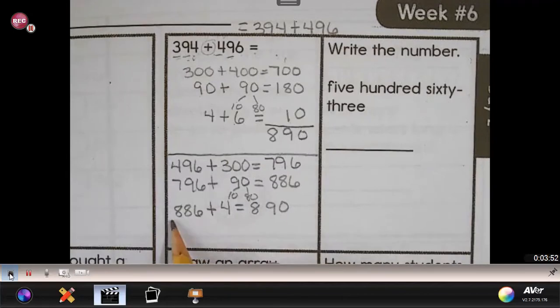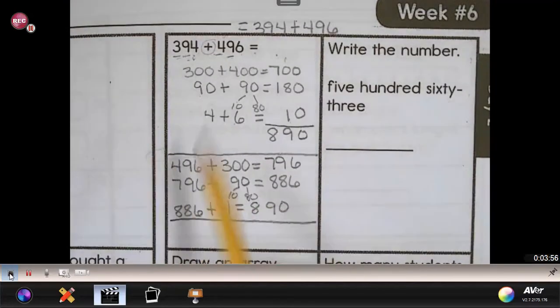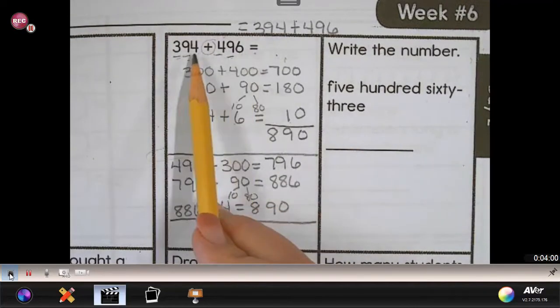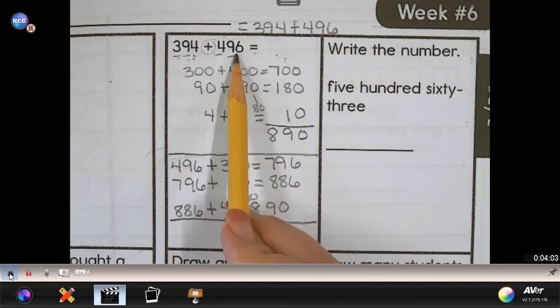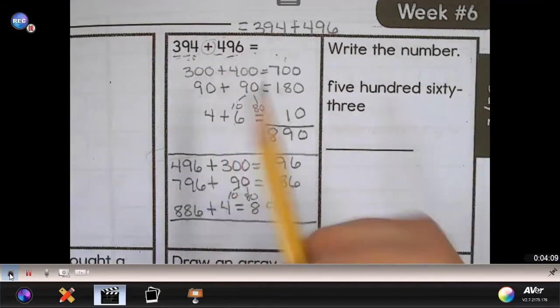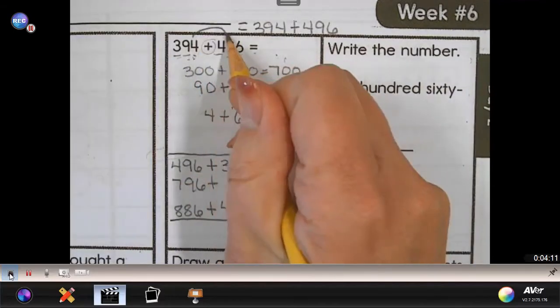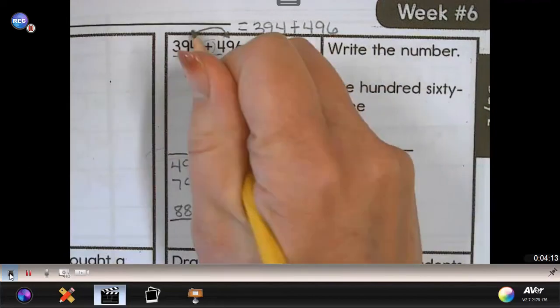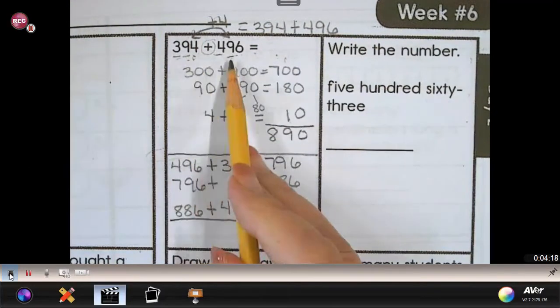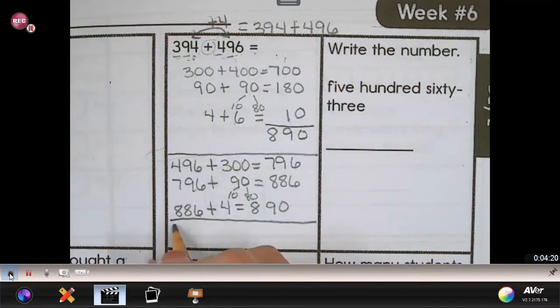Another way that you could also consider looking at is taking our 4 from the 394 and adding it onto the 496 to make this a nice round friendly number of 500. So if I take this 4 and add it onto that 496, that would leave me with 390.